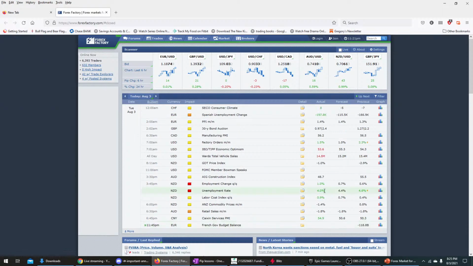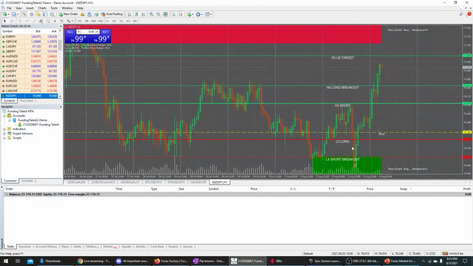Okay, the unemployment rate was actually pretty good. That really affected the New Zealand dollar, causing it to spike up. That caused one of the New Zealand pairs, like this one right here, to have a really nice big rally to the upside.